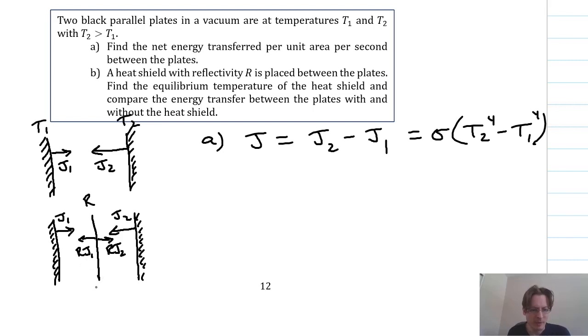So I'm going to label this thing with a number 3, because it's the third thing. It's absorbing at the rate 1 minus R times J3, and it's emitting at that same rate, 1 minus R times J3.